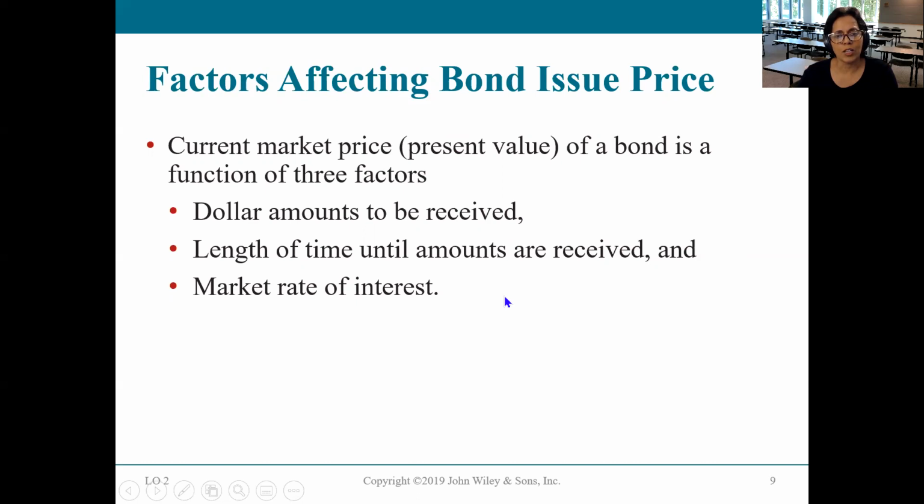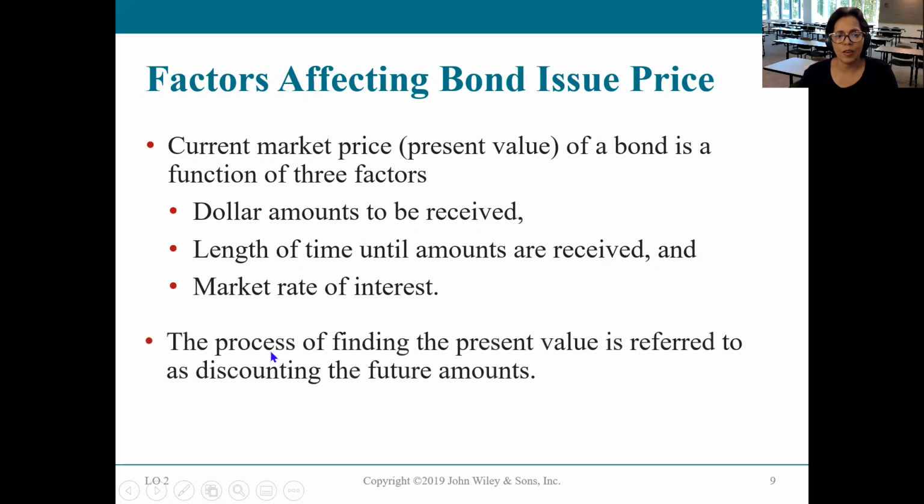These are all going to be static numbers. I'll use this information to calculate the bond issue price by calculating the present value of cash flows. The process of finding the present value is referred to as discounting the future amounts. So for the company, there are two future cash outflows. One is the principal itself at the end of the life of the bonds.